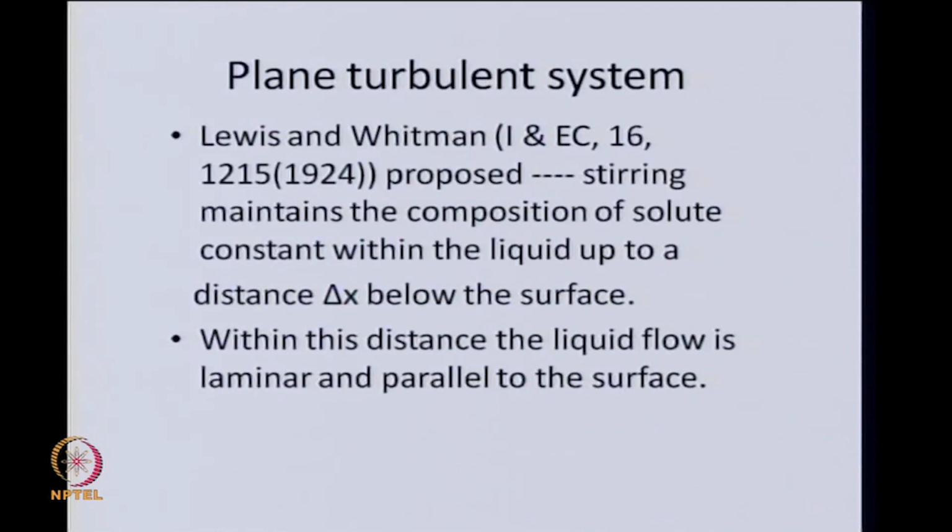So, we come here to the spectrum of theories for mass transfer. What we are going to talk about here, in a plain turbulent system, first is Lewis and Whitman's model of 1924, which is basically film theory. They proposed that the stirring will maintain the composition uniform almost up to the surface, except for a distance delta x below the surface. Concentration is uniform up to there, and within that distance delta x, they postulated laminar flow parallel to the surface.